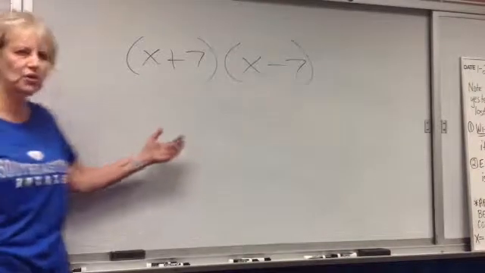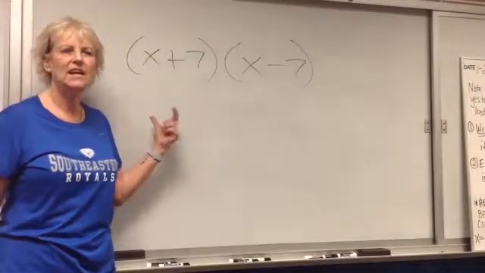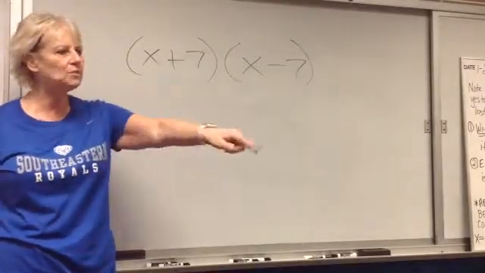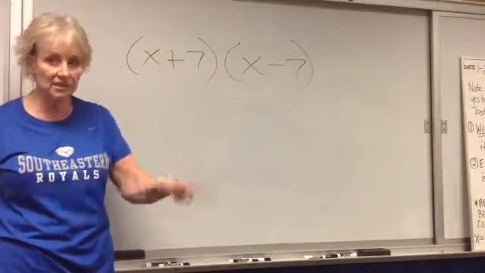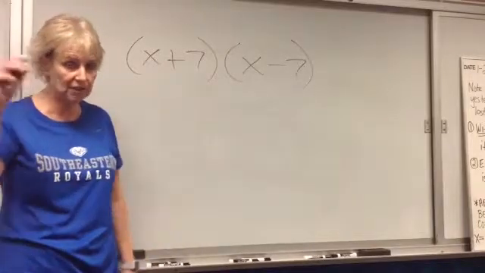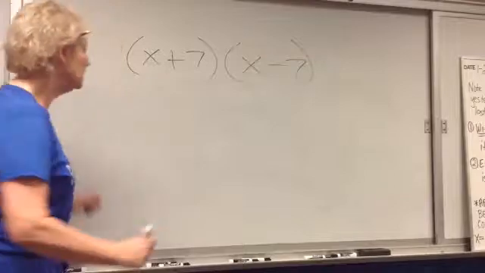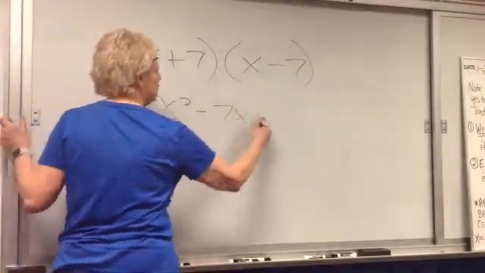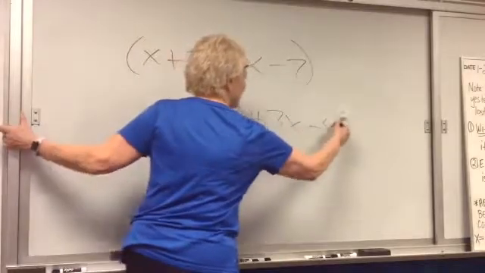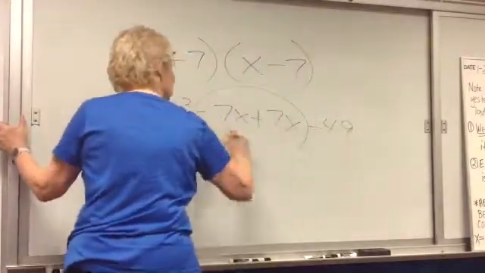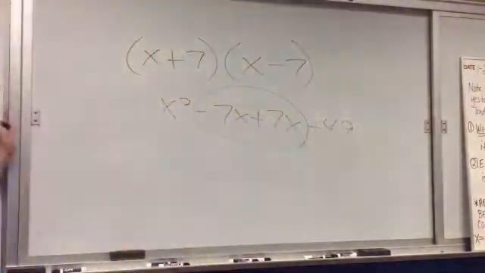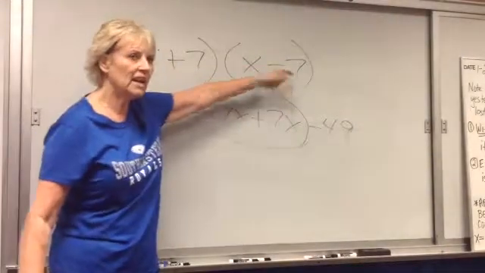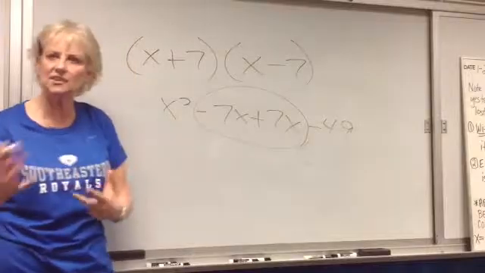I'm going to show you, and then I want you to try to figure out why. Look, x squared minus 7x plus 7x minus 49. Look what happens. This is gone, because it's opposites, and the middle terms disappear.